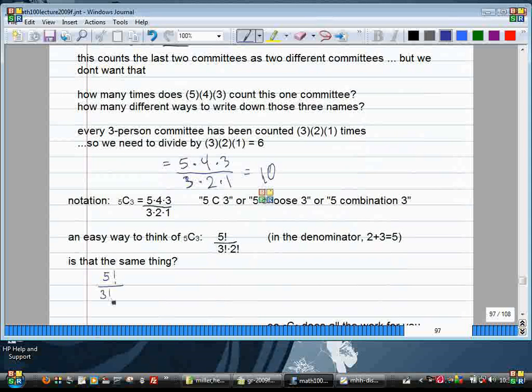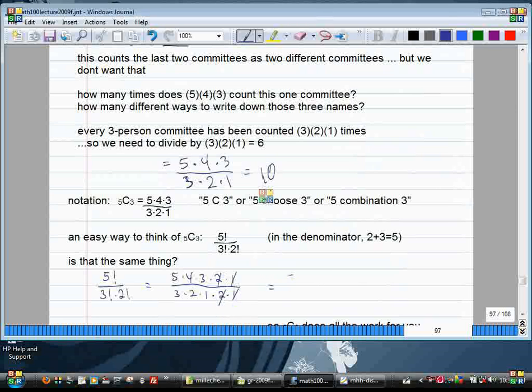Five factorial over 3 factorial times 2 factorial. Well, what do we have on top? 5 factorial is 5 times 4 times 3 times 2 times 1, divided by 3 factorial, which is 3 times 2 times 1, times 2 factorial, which is 2 times 1. And what happens? Cancel, cancel, cancel, cancel.